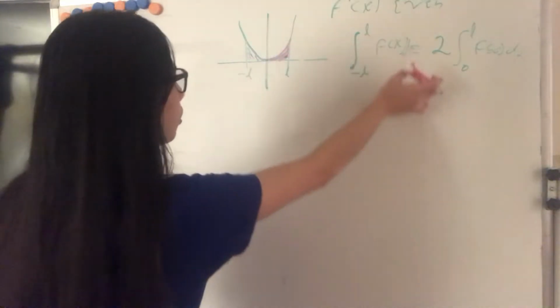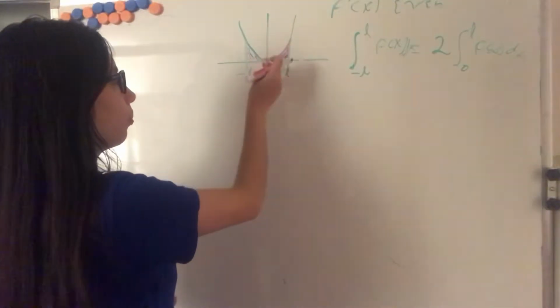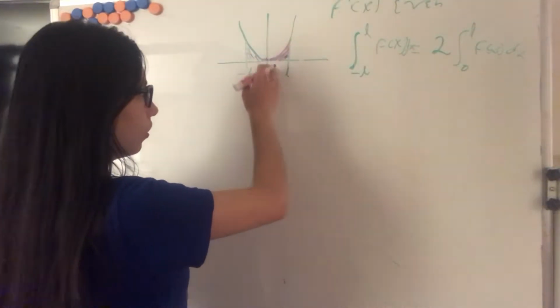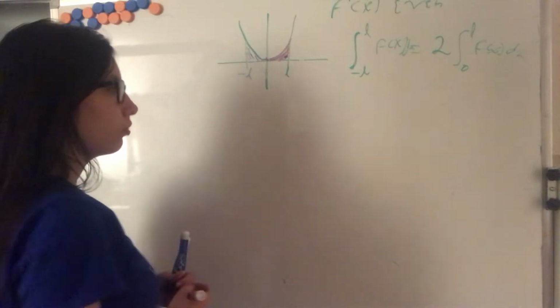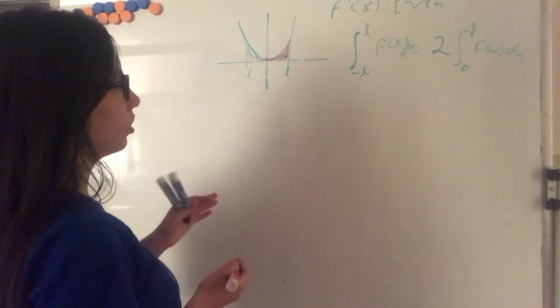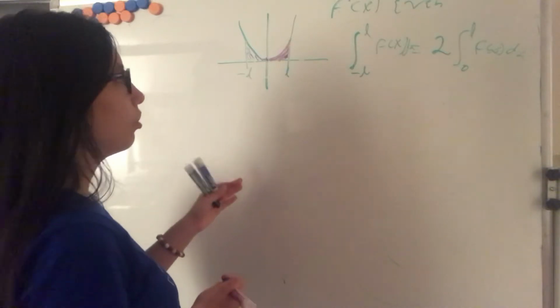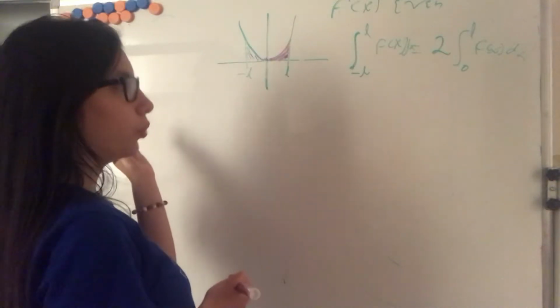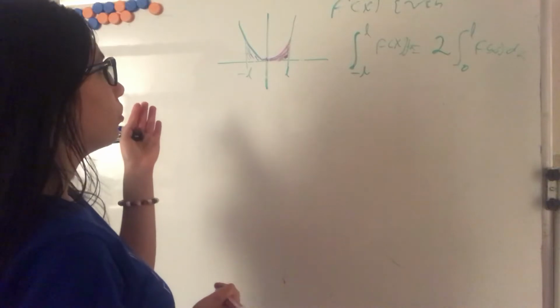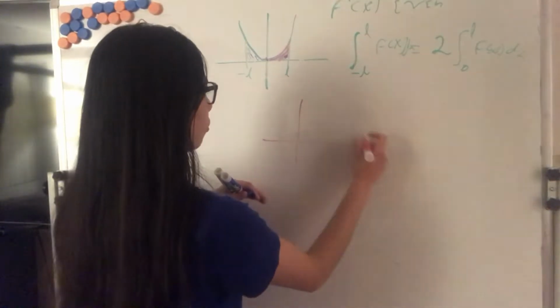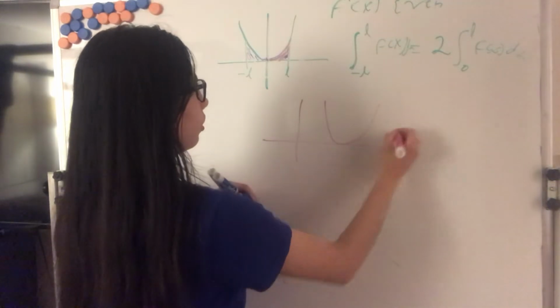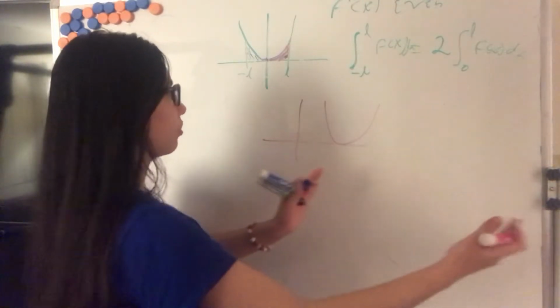So you can just multiply. From where you have the point of symmetry, you take that part and you just multiply it by 2. That is if you're integrating from minus L to L. This would be exactly the same if you have a function, for example, a parabola, turned to the other side.